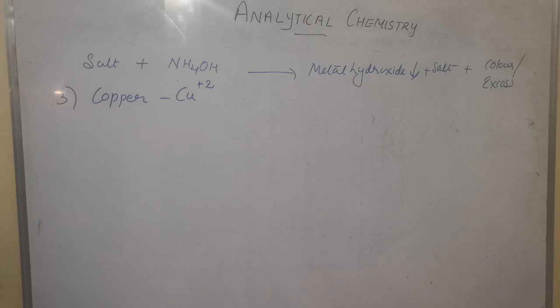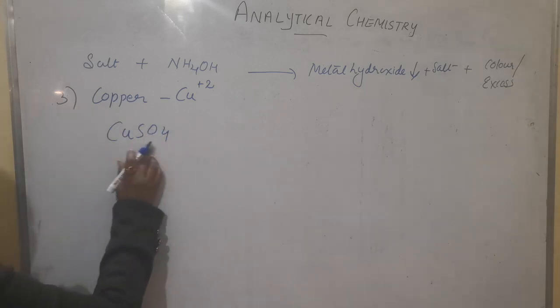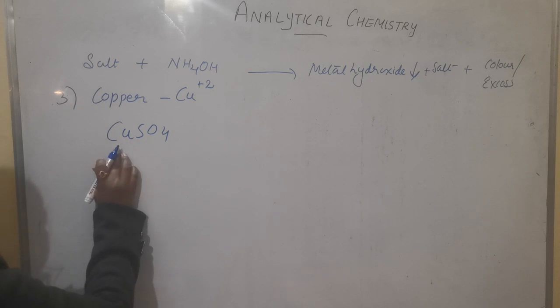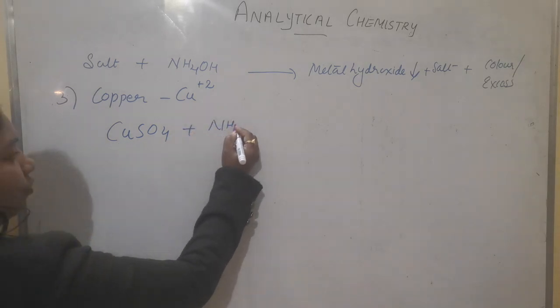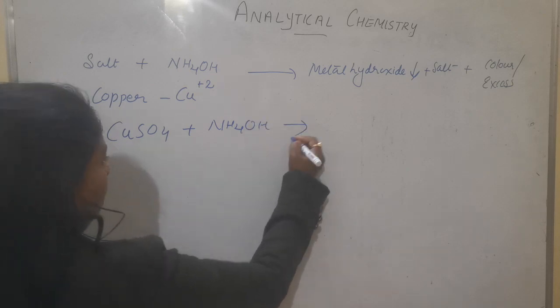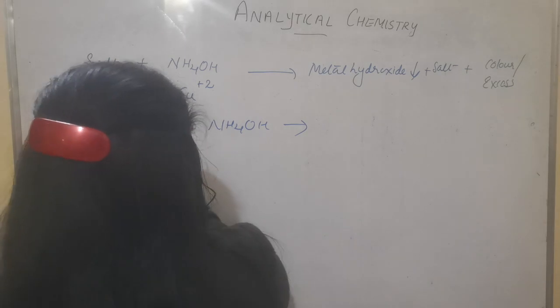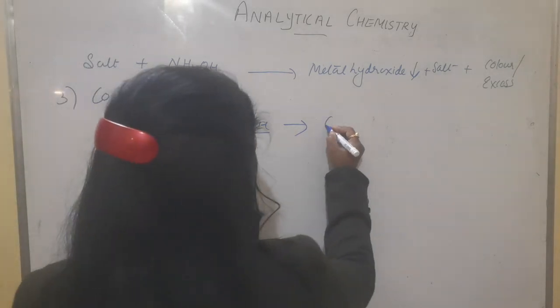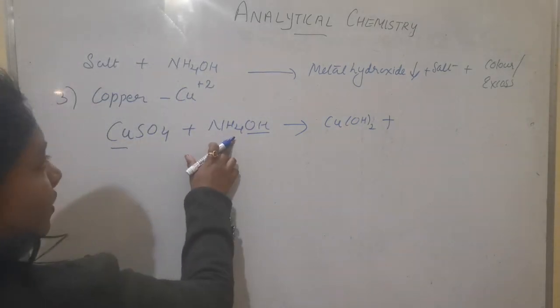Now we'll take one example, copper sulfate. Both have valency 2, so that is why the formula would become CuSO4. Then we have to add NH4OH and observe the precipitation. It could be of a metal hydroxide, so the metal is copper in this case, hydroxide is this, Cu(OH)2, plus this salt.